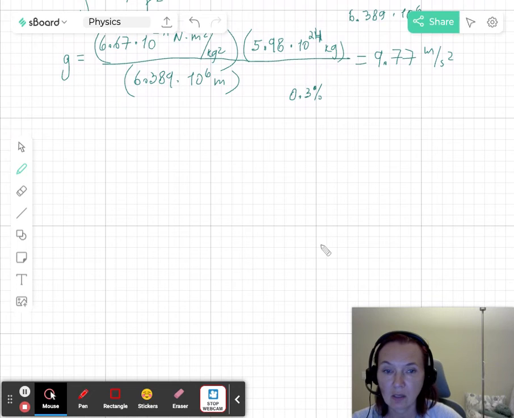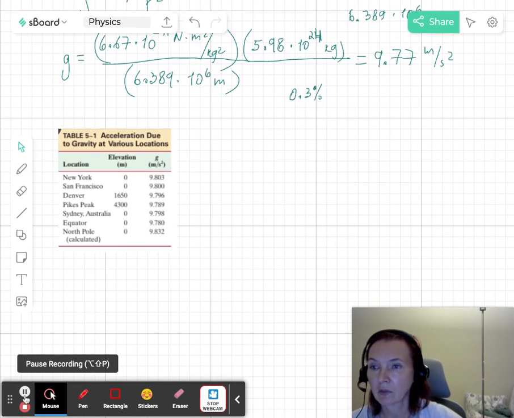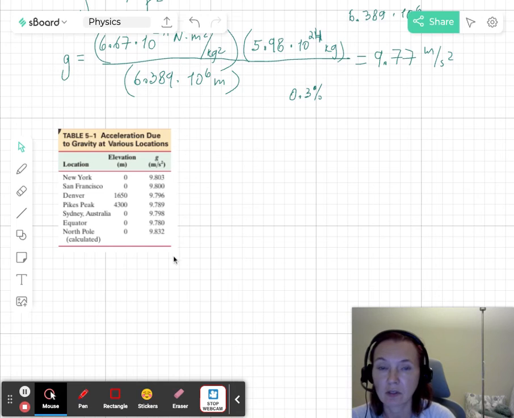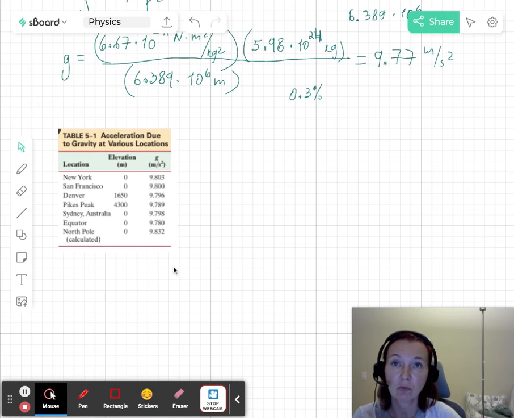And now let's take a look at a table. In this table, we can look at acceleration due to gravity at various locations, and we can see that they are slightly different. Why is that? Because Earth is not a perfect sphere. It's squished at the top and the bottom, and it bulges at the equator.